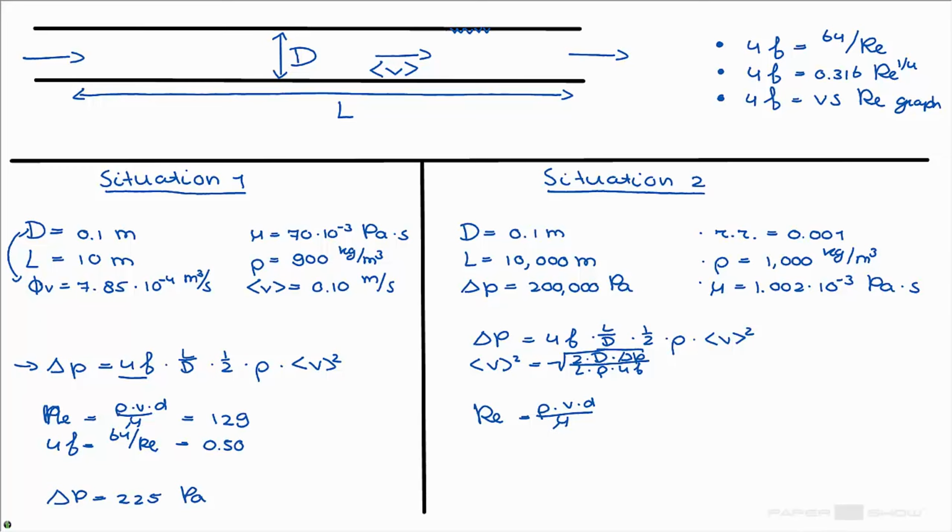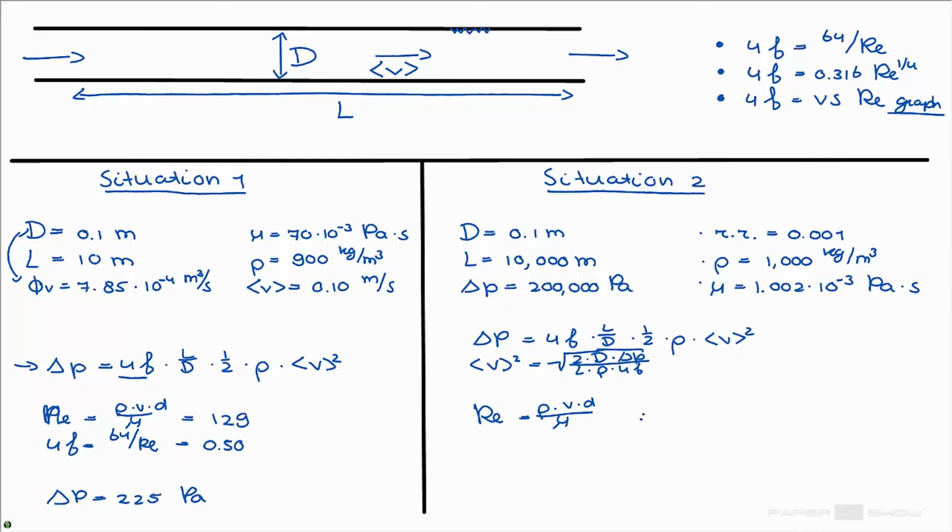But also we have a relative roughness here. And we can only use the 4F versus Reynolds graph method when not having a smooth pipe. The first two only apply to smooth pipes. So we're going to use the graph.